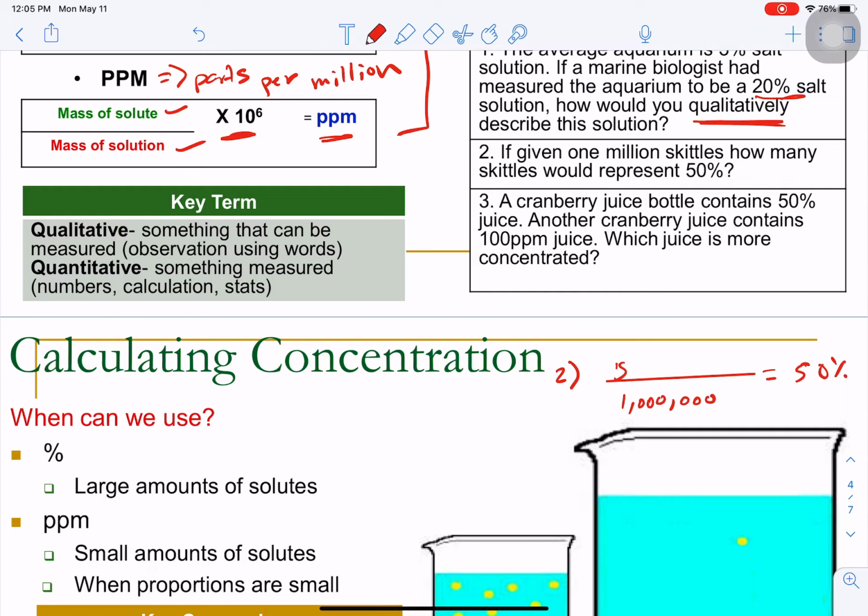And if you said 500,000, you are correct. I know these are kind of simple problems, but it's going to help us understand the bigger picture. Trust me.